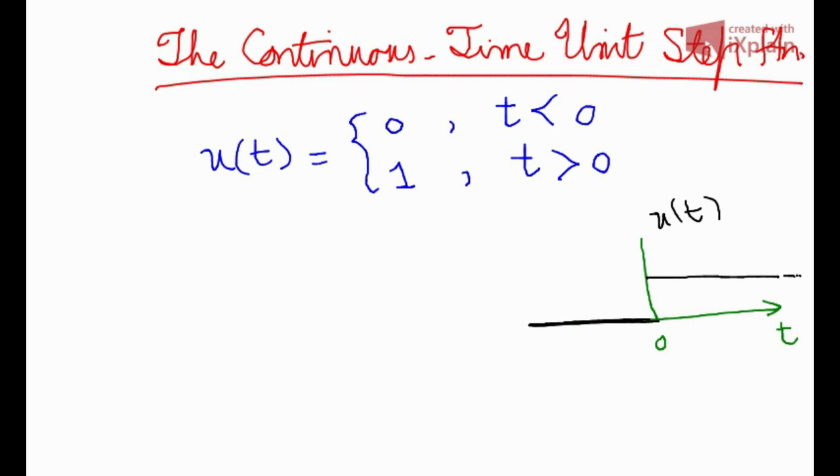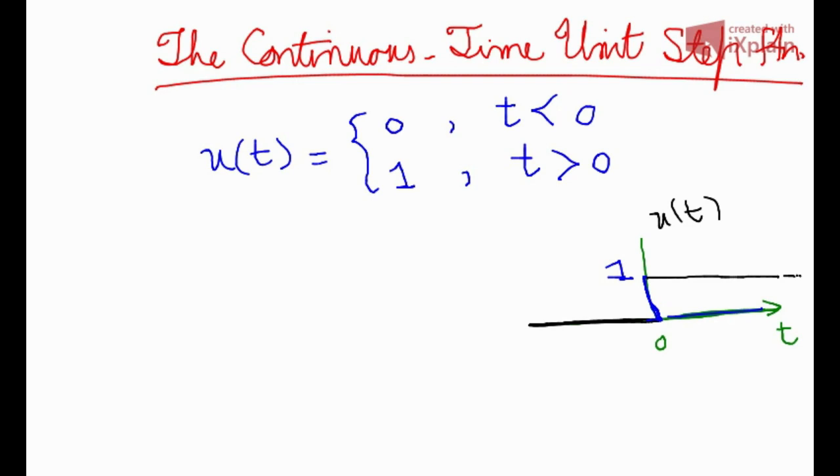So for all positive time, it has value unity. There is a jump from 0 to 1 at the 0 instant, and the peak is unity.